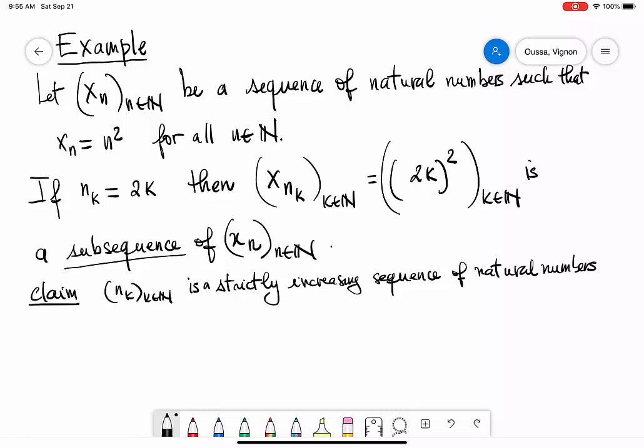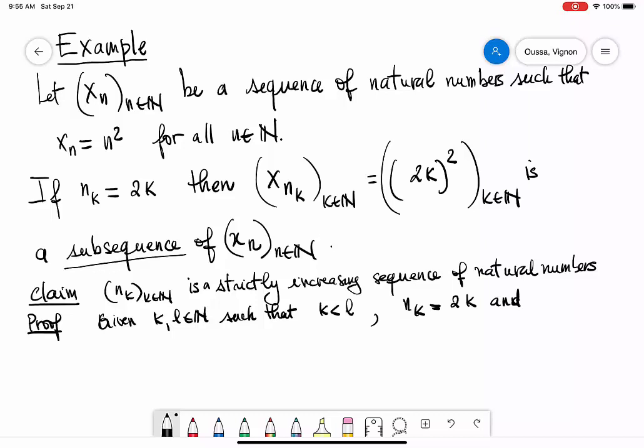This is clearly the case since, given k and l, which are natural numbers such that k is less than l, n_k is going to be equal to 2k and n_l is going to be equal to 2l.